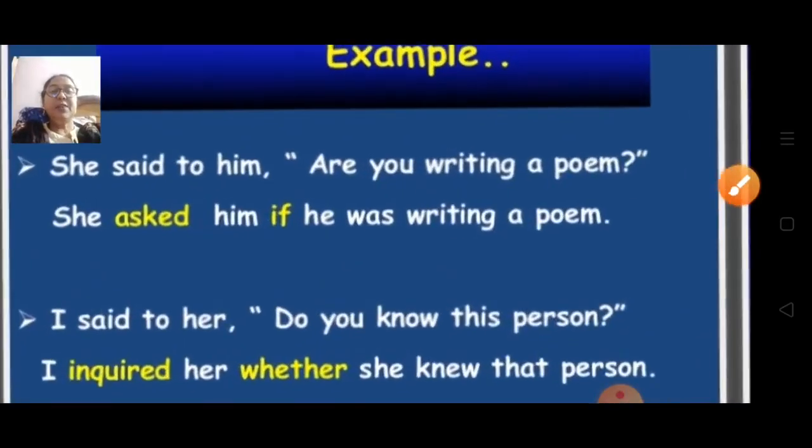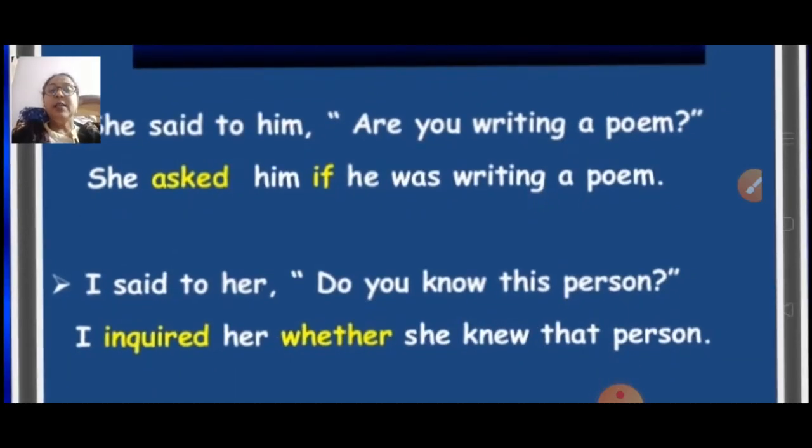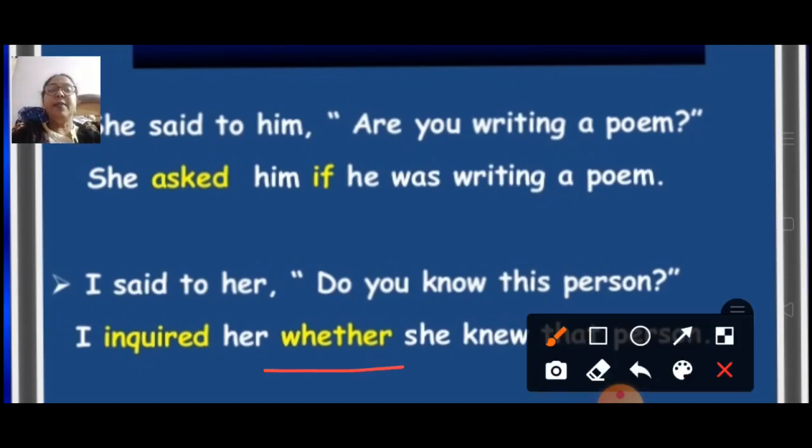As we have seen in these examples, she said to him, "Are you writing a poem?" She asked him if he was writing a poem. Now here you can see, I said to her, "Do you know this person?" I inquired of her whether she knew that person. Here the connector is if, and here it is whether.